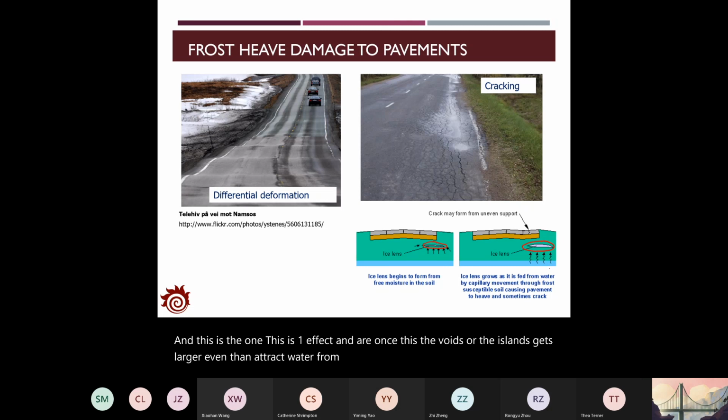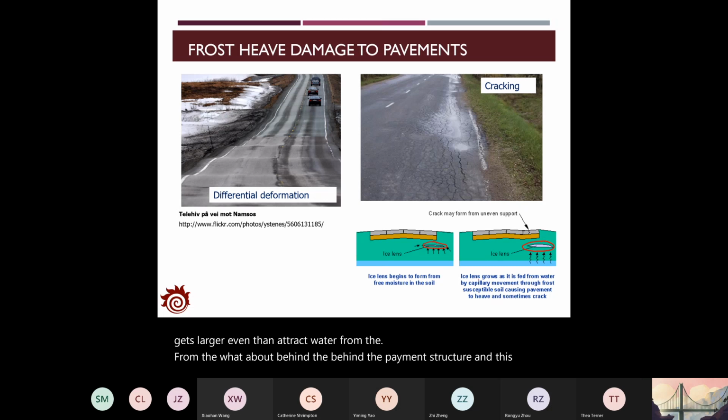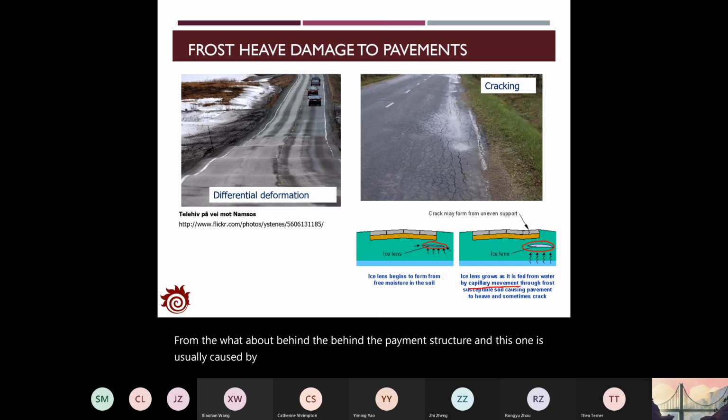And once the void or the ice lens gets larger, it will then attract water from the water table behind the pavement structure, and this is usually caused by the capillary movement of the water from the water table.